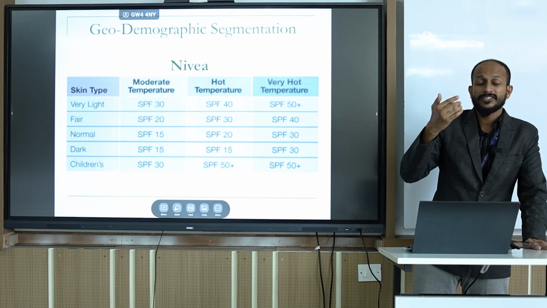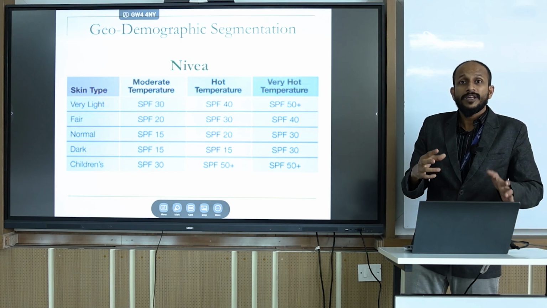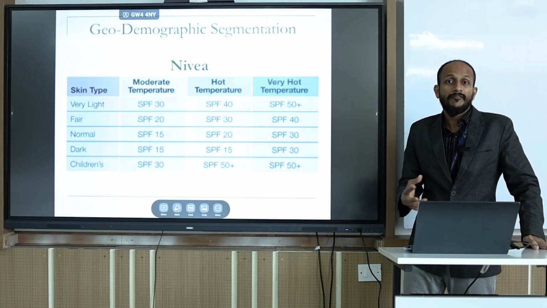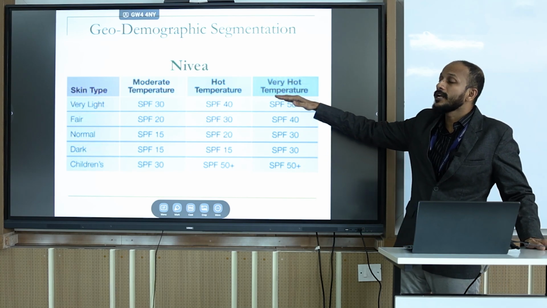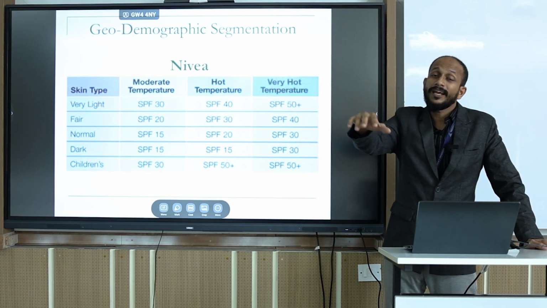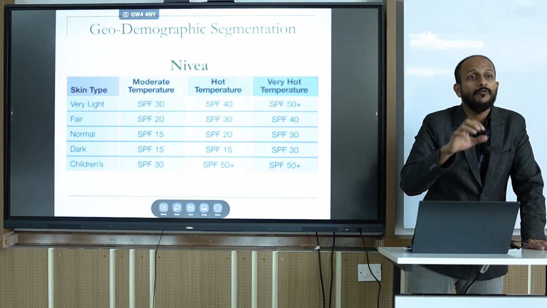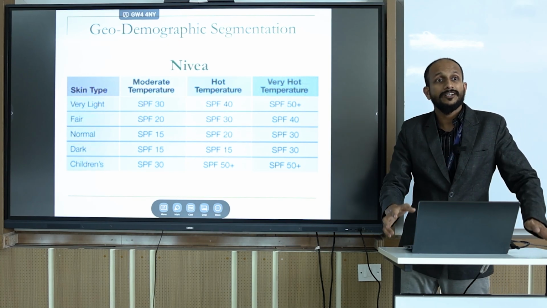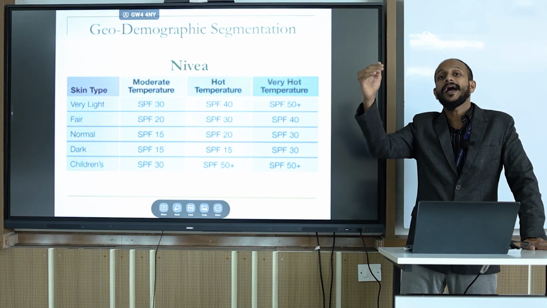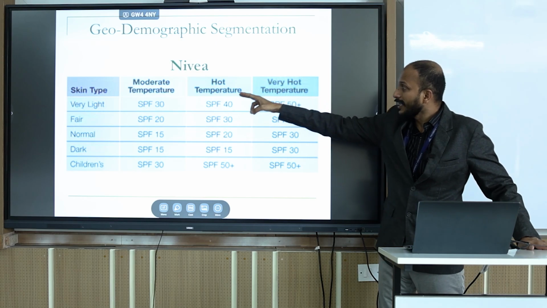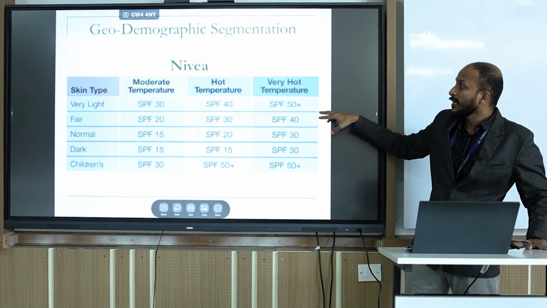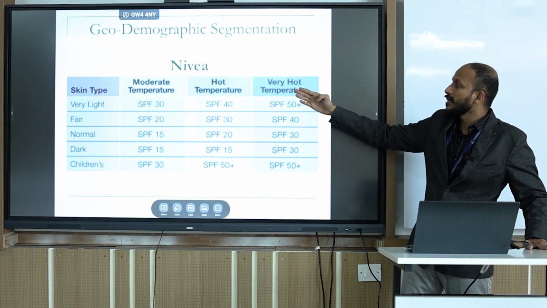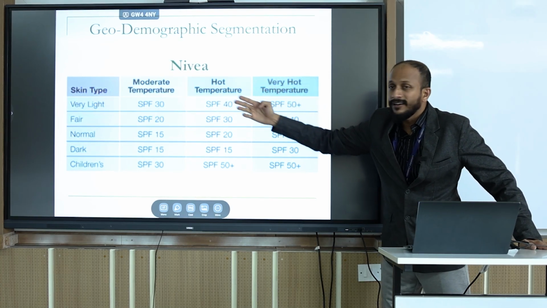Similarly, if you're staying in a country which is very cold, like Canada and other places, France, then you don't require a higher level of SPF. But if you're staying in countries like the Middle East, India, where the climatic condition is hot, moderate, then you require a higher level of SPF. So accordingly, you have a chart where you have a matrix between temperature and skin type.